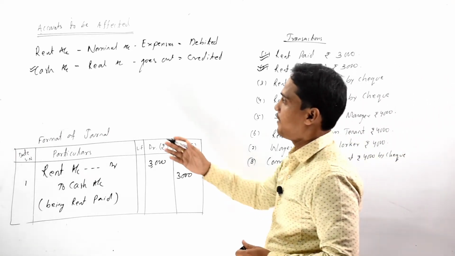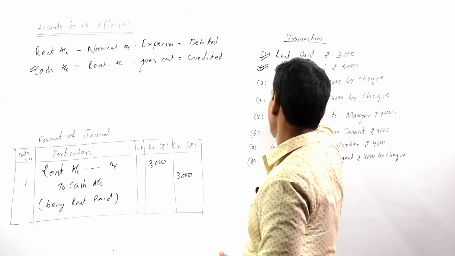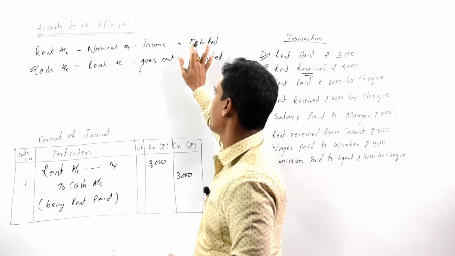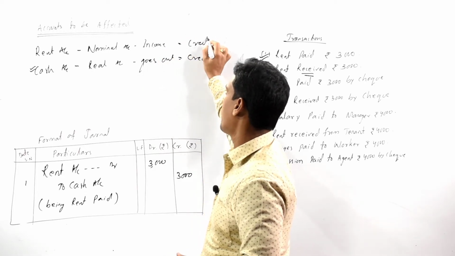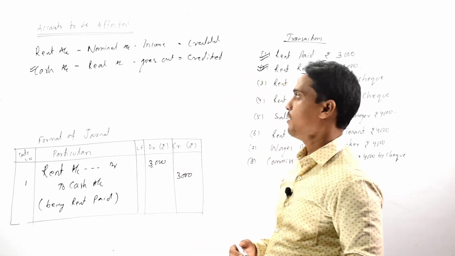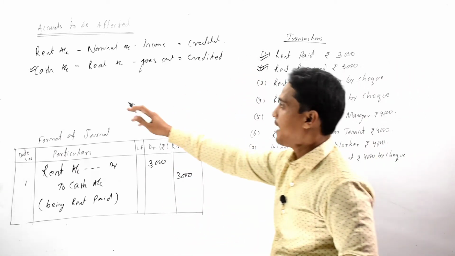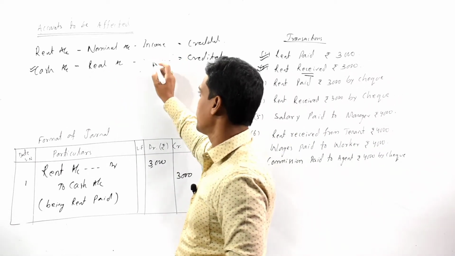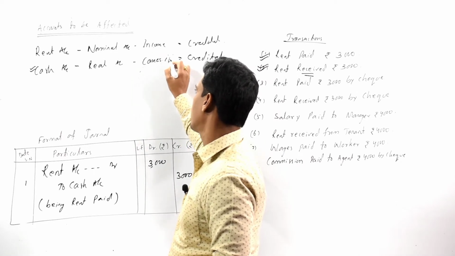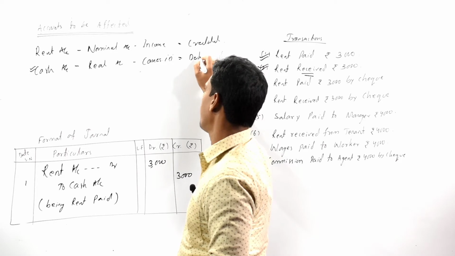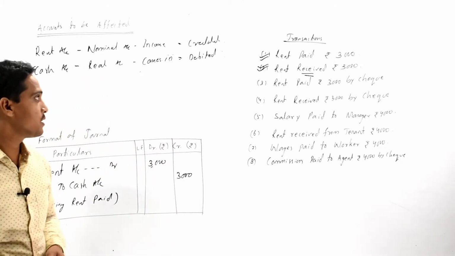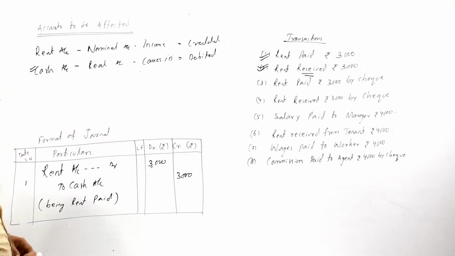Here, as we are receiving the rent, rent is an income, so it should be credited according to our nominal account rules. But cash belongs to real account, and as we are receiving the cash, it comes in, so it should be debited according to the golden rules of real account. So here our cash account is debited and rent account is credited.